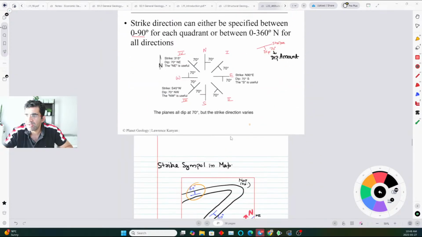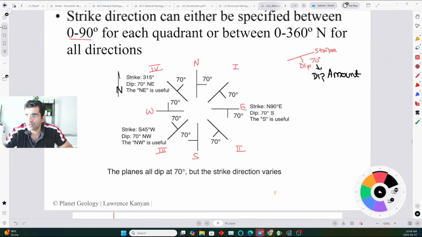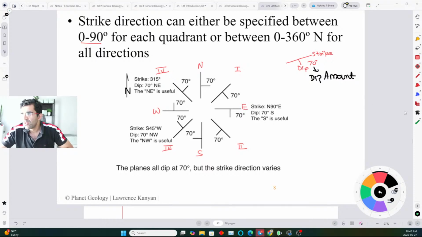I want to maybe at the final stage cover this thing. So in terms of, let's say, the strike, I will write strike in green. So this is 45 degrees from the north. Maybe the strike is 45 degrees here. The strike is 90 degrees here.